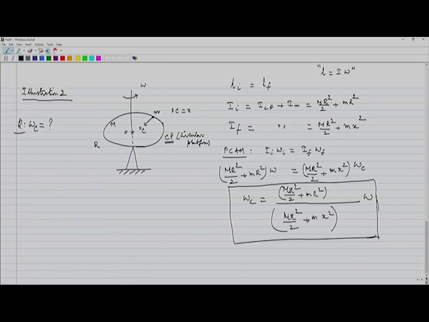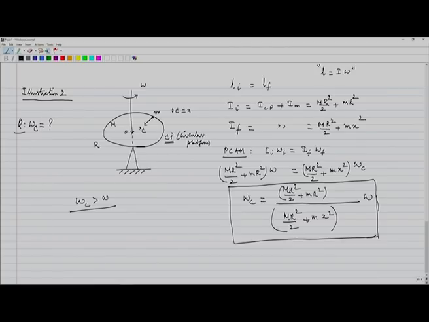Now it is clear that omega C is greater than omega. That is because look at the numerator and denominator. In the denominator you have a smaller quantity, x squared. Therefore, omega C is going to be greater than omega.